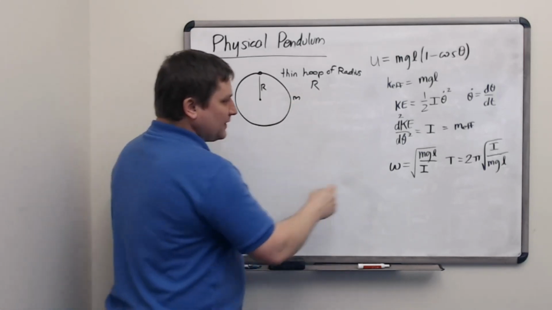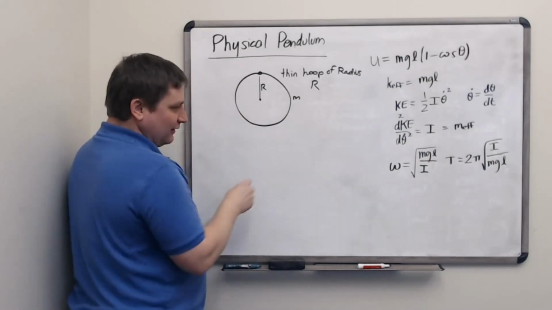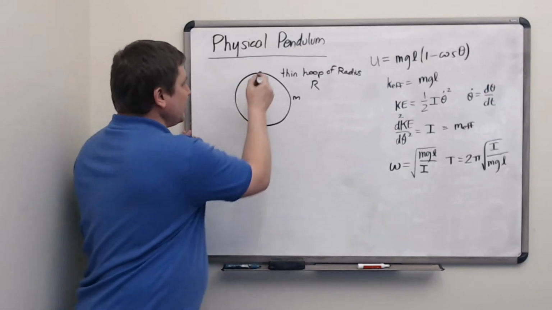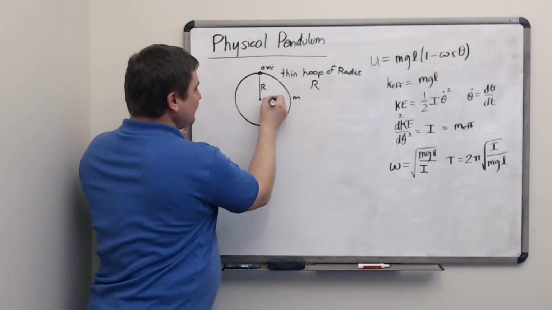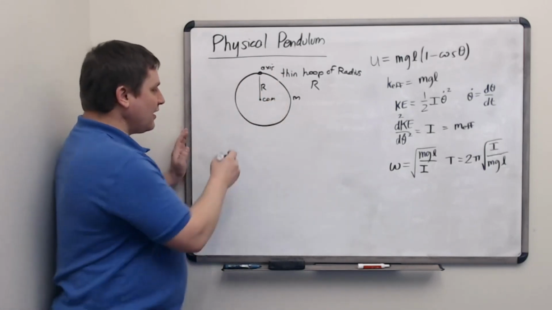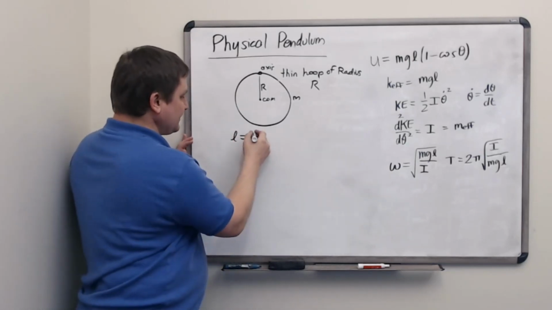So for our formula for frequency, we need to find out the value of L. Remember, L was the distance between the axis of rotation here and the center of mass of the object. It's quite clear for our thin hoop of radius r that the value to use for L in that formula is just the radius of the hoop.